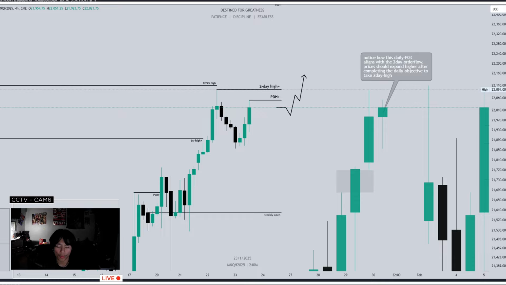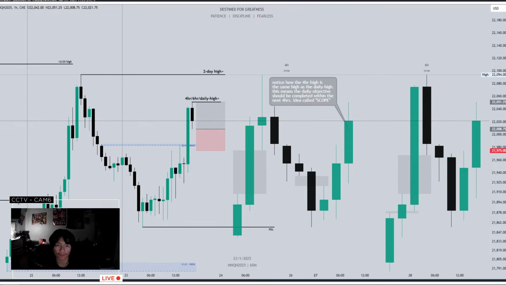So going from the 4-hour model, I went onto the 1-hour time frame for an entry pattern, right? So now on the hourly time frame, we have this hourly fair value gap, and whenever we retrace back inside this hourly fair value gap, we should respect this hourly fair value gap to continue higher, right?